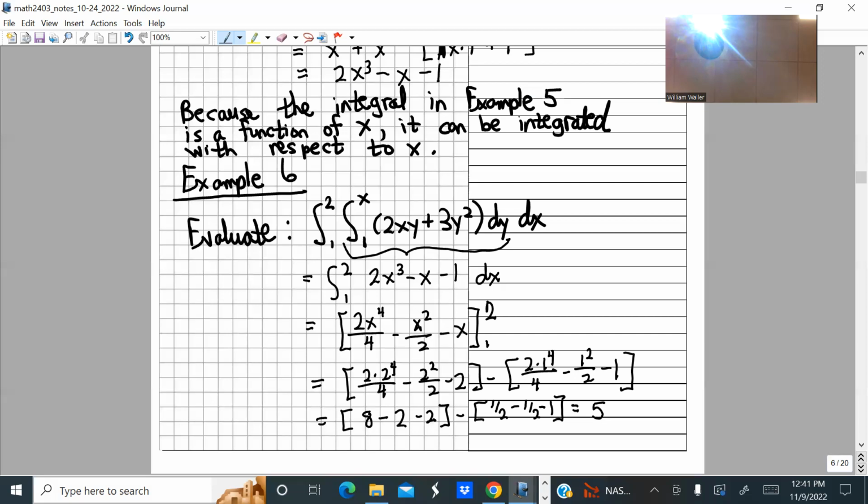But I want to point out now that we're going to start attaching meaning to that definite integral value that we got here, 5.